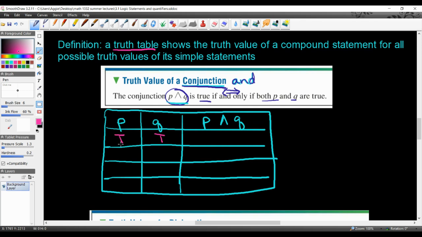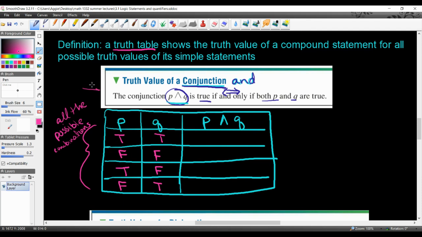That's one possibility. They can both be false. That's another. Or P is true but Q is false. The only combination left is that P is false and Q is true. These are all the possible combinations of P and Q being true or false.